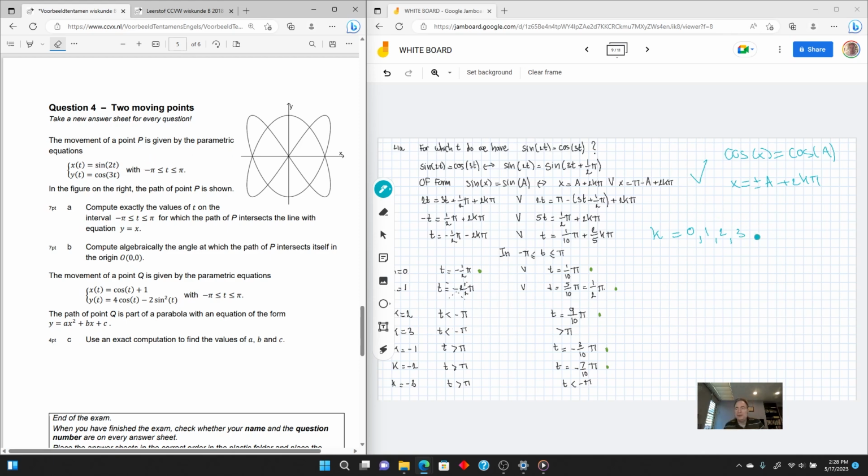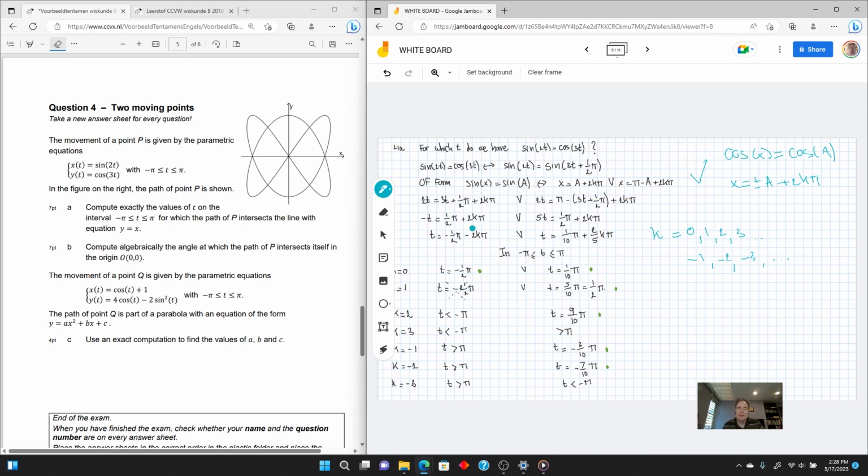And if you have depleted that, then you try -1, -2, -3, etc. So for the left solution, k is 0 gives t is minus 1/2 pi. Then if you try k is equal to 1, then you're already outside of the range here. So then you don't even need to try 2, but then you try k is -1.